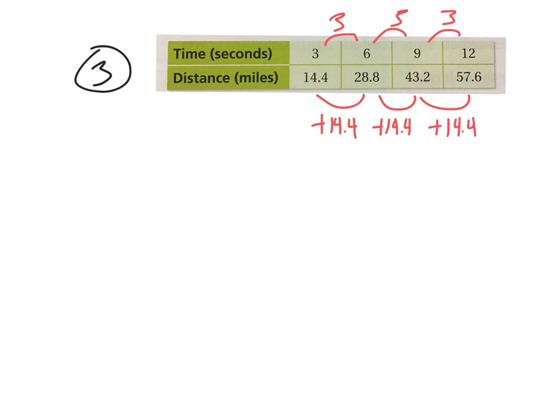So they want to know, what would it ask? Miles per second. So what goes on top? The distance. Right, so I'm going to put 14.4 on top. And then time goes on the bottom, which is 3. Yep. 3 what? 3 seconds. Okay, now they want the unit rate, so I've got to divide 14.4 by 3. So grab your calculator. Tell me what you got.